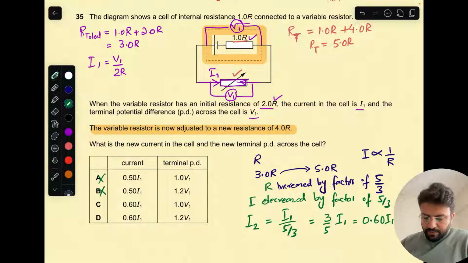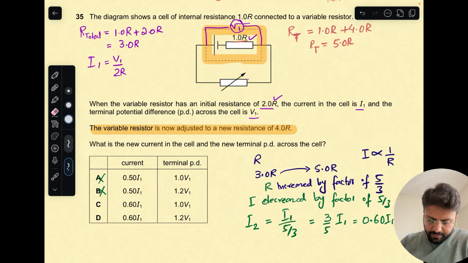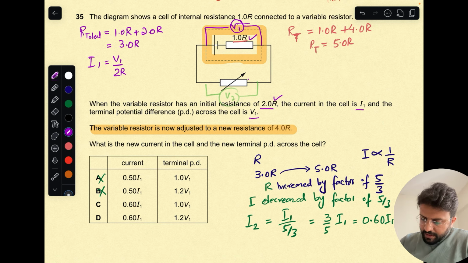Let's work out the voltage now. What is happening here? You have to find this voltage V2 here. This V2 can be written as voltage equals I2 times the resistance of the variable resistor, that is 4R.